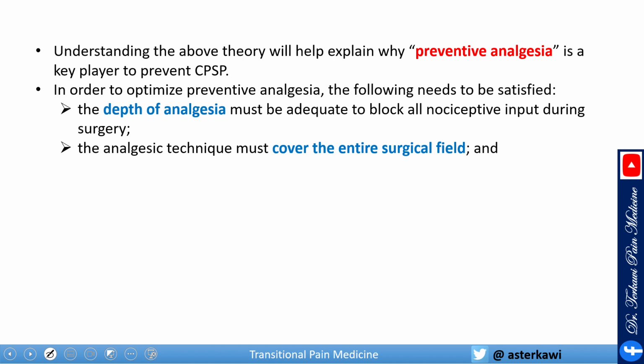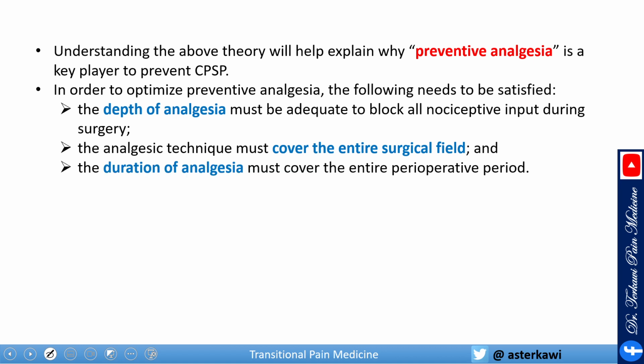So for example, if you have a big laparotomy incision and you put the epidural not at the appropriate place and you end up covering half of the incision, then this is not covering the entire surgical field. The third thing, which is very important, and I see that every day in practice, not necessarily at Stanford, like in general practice, the duration of analgesia must cover the entire perioperative period.